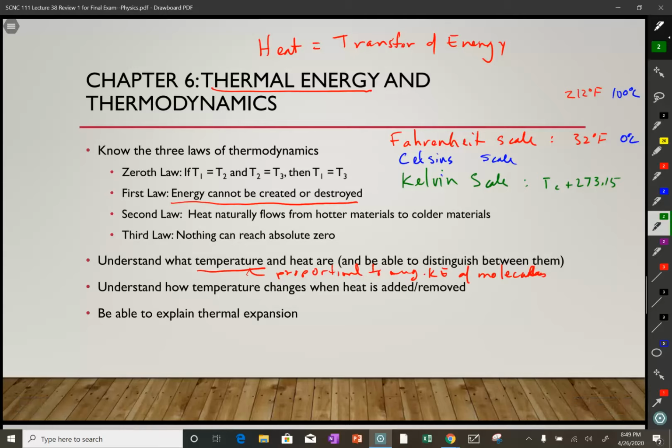And the reason for that is so 0 kelvins is absolute zero. And so 273.15 kelvins is 0 Celsius. Or you could reverse that. Absolute zero is minus 273.15 Celsius. So make sure that you are somewhat familiar with those temperature scales.